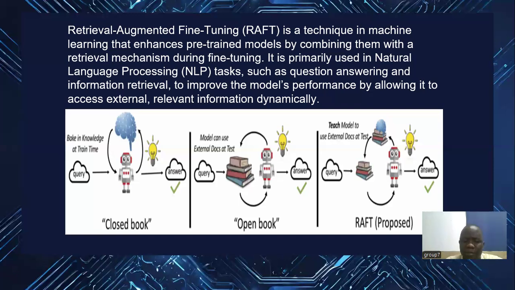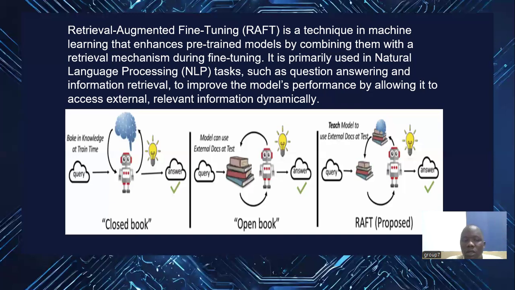Instead of just using external documents at testing time, RAFT teaches the model how to integrate retrieval into its training. The model learns to better incorporate retrieved knowledge into its responses, improving generalization.